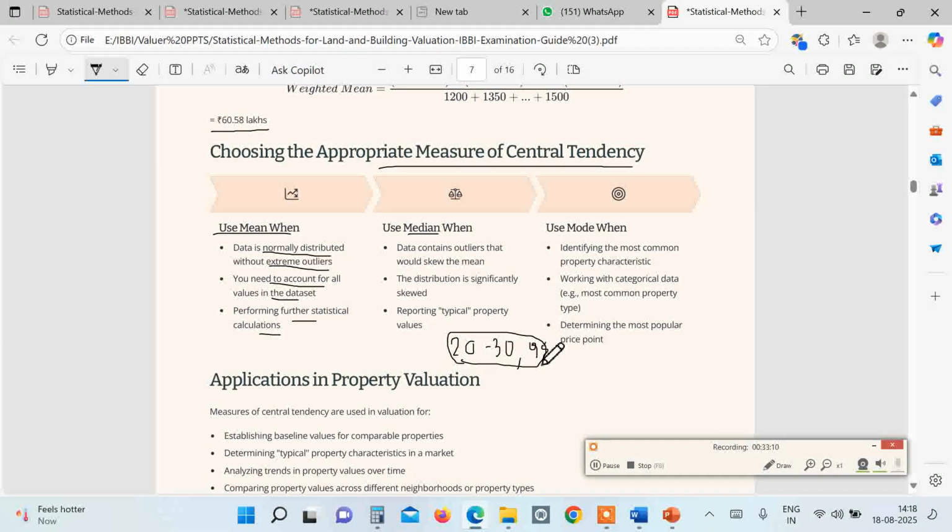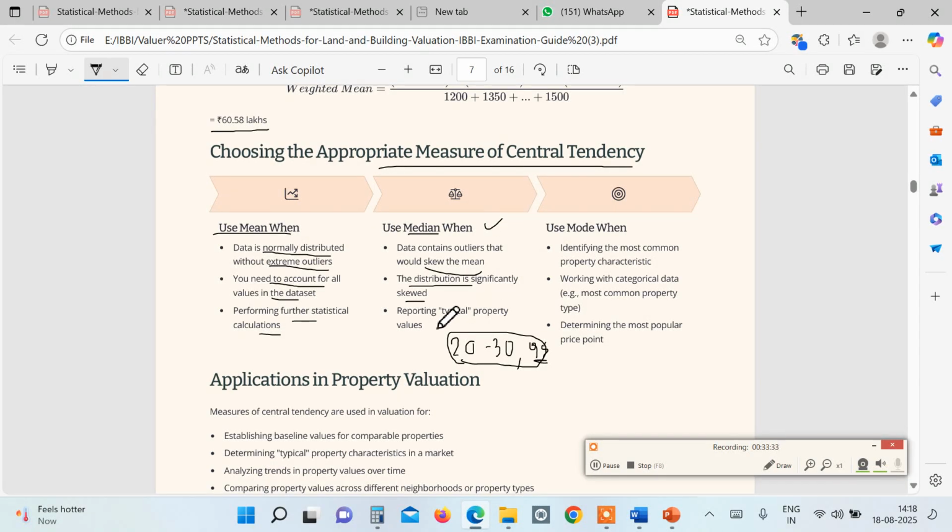So what it will do, this will increase the mean of the data set, and thereby it will skew the mean. So the distribution is significantly skewed. So this is when we use median.